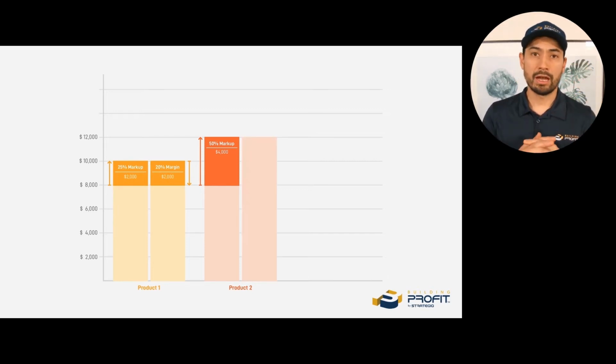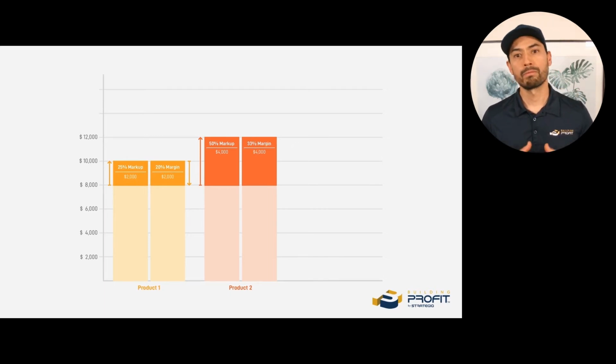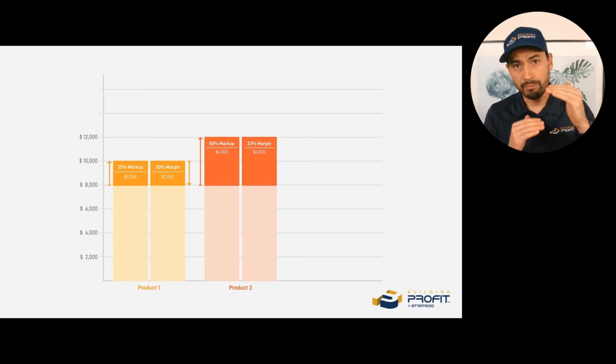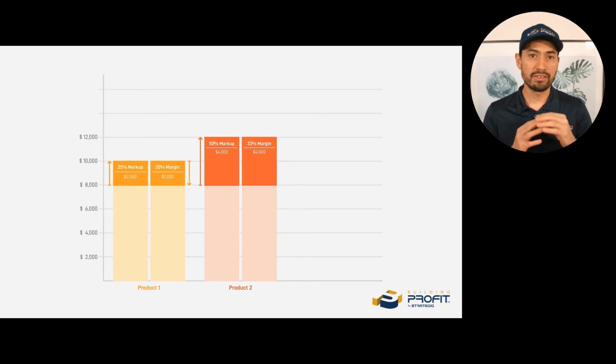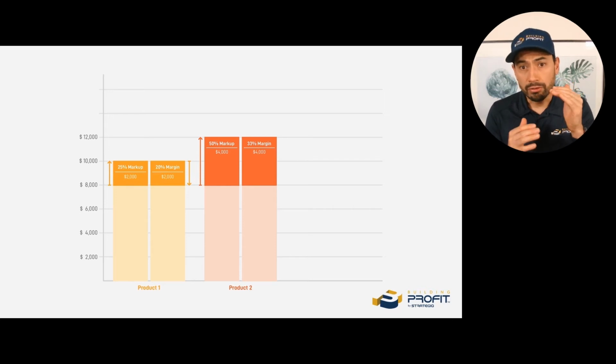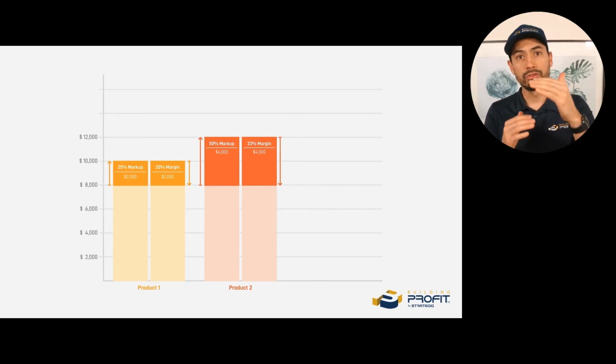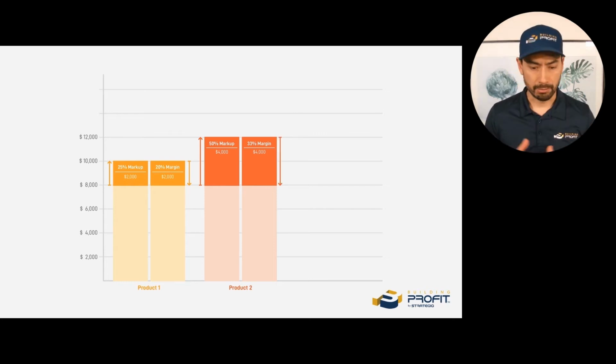And then when we look at calculating the margin, we're going to calculate that backwards. So we look at that $12,000 price tag. And in fact, that same $4,000, in this case, is a 33% margin. It's actually 33.33, but it's a 33% margin. Same amount of money, $4,000. It's just that you're working backwards from the sale price to come back to the cost price.